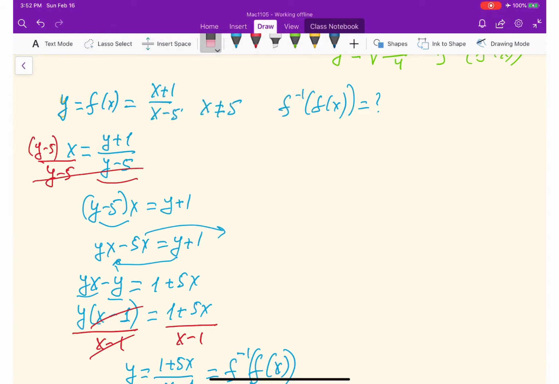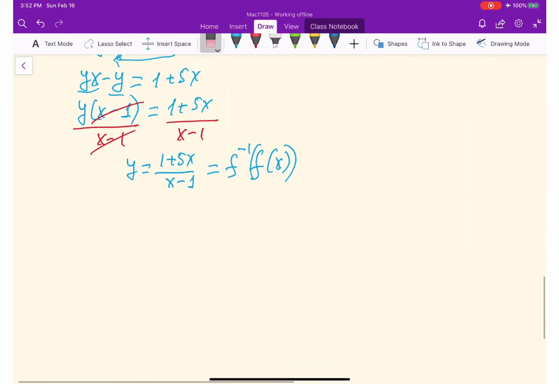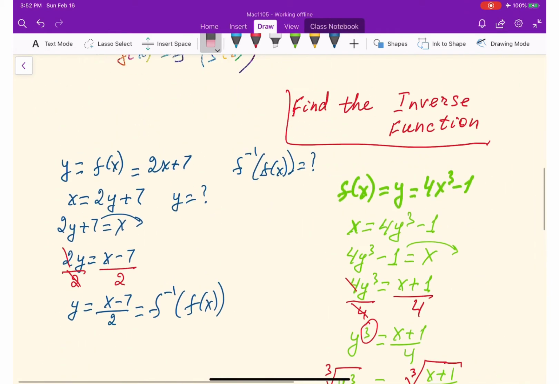Okay? All right. Next, let's identify how to test. So we algebraically learned how to test if two equations are inverse or not. It's right here.